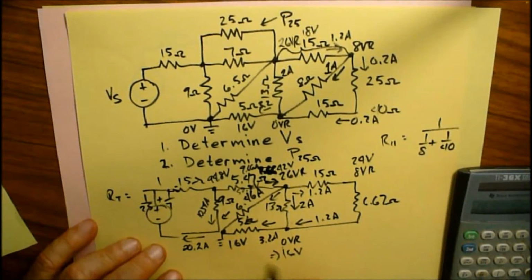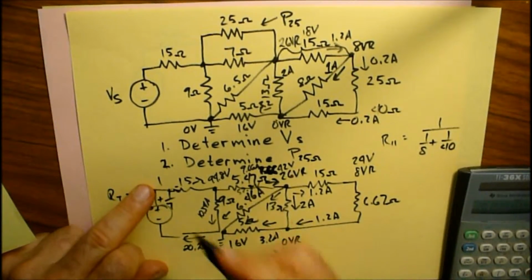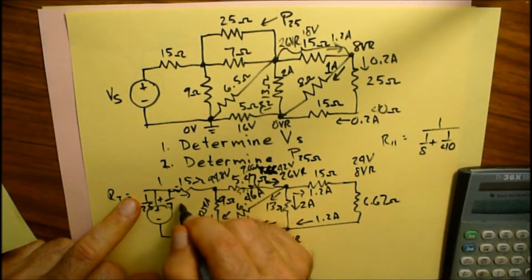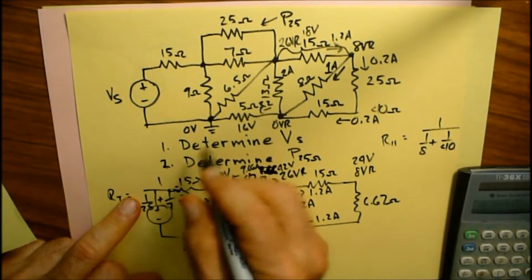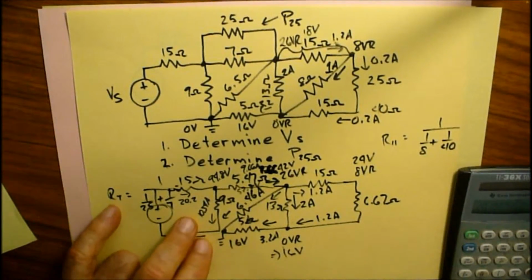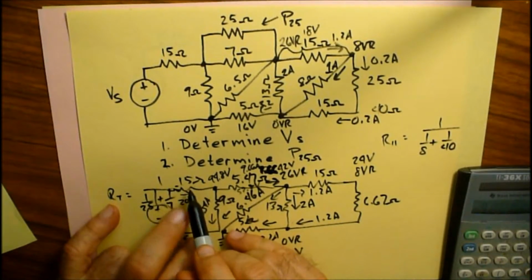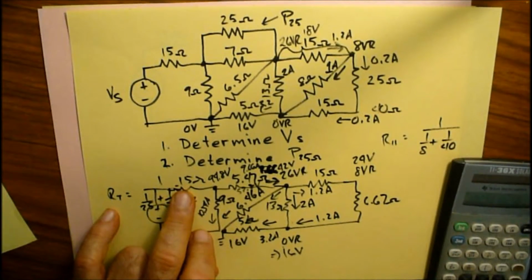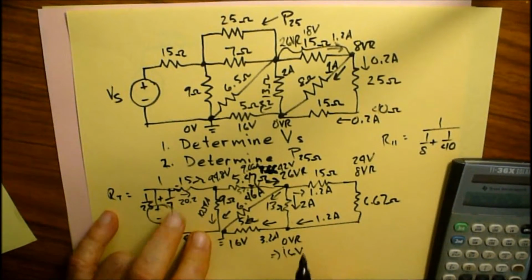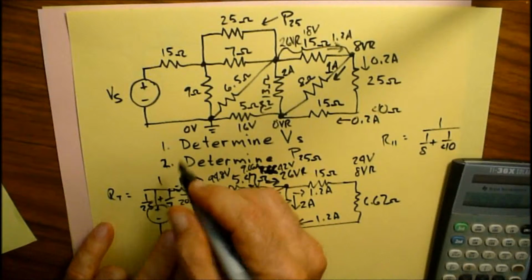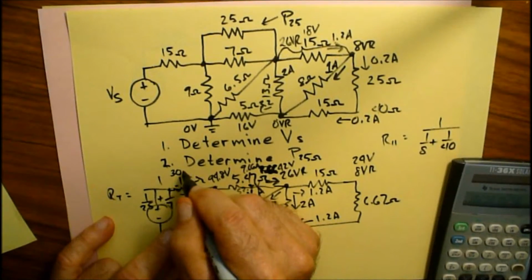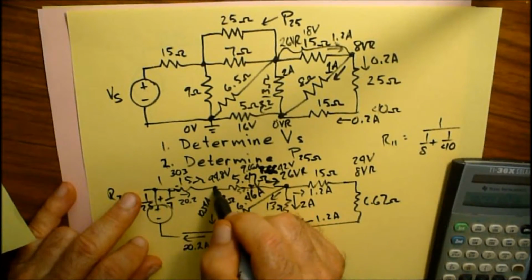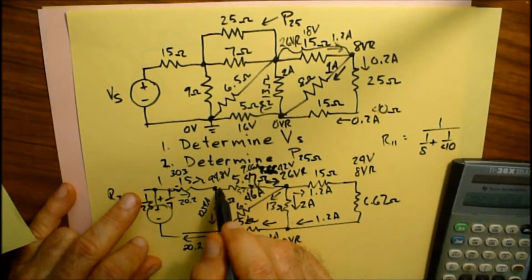That means the total current coming out of this is going to be 20.2 amperes. And that means I've got 20.2 amps going this way. And then I've got the 15 ohm resistor right here, times 15 gives me 303 volts across this resistor, 303, and it's going from high to low because current is going this direction.